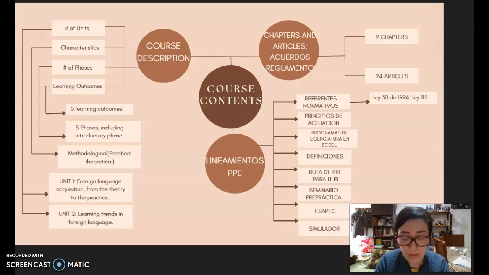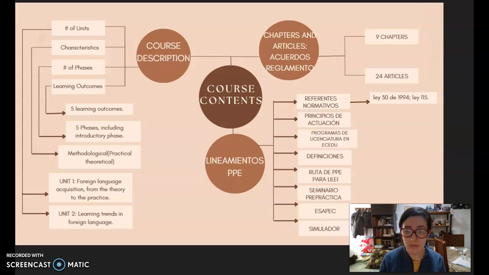Number 3 is to compare the theories within the scenario of practice. Number 4 is to evaluate teaching strategies. And number 5 is to set up a proposal, as I was telling you before. I think that's it about the course description.